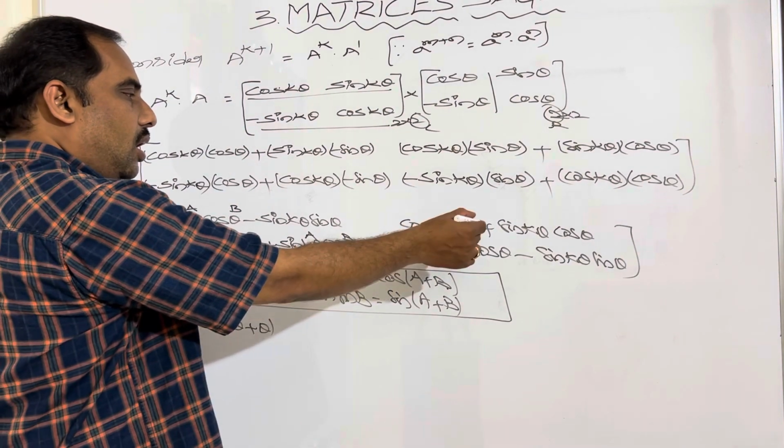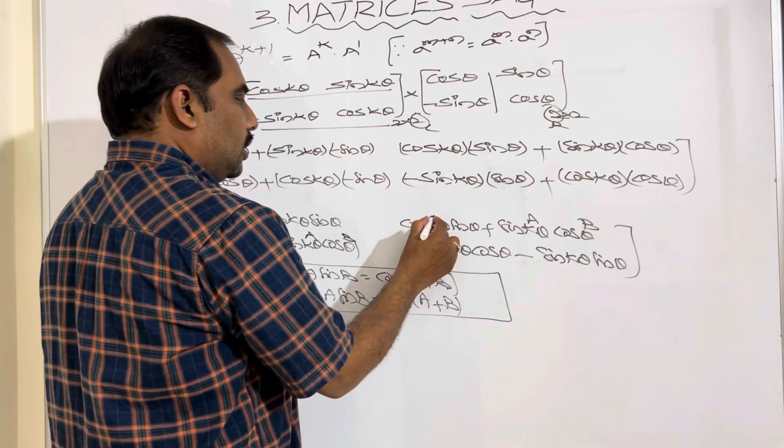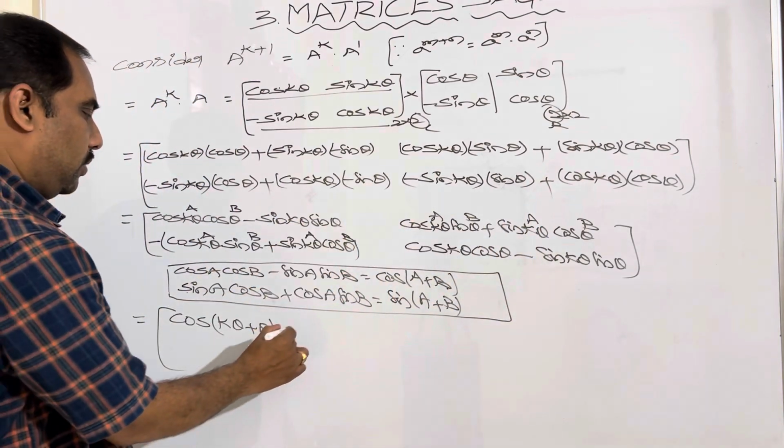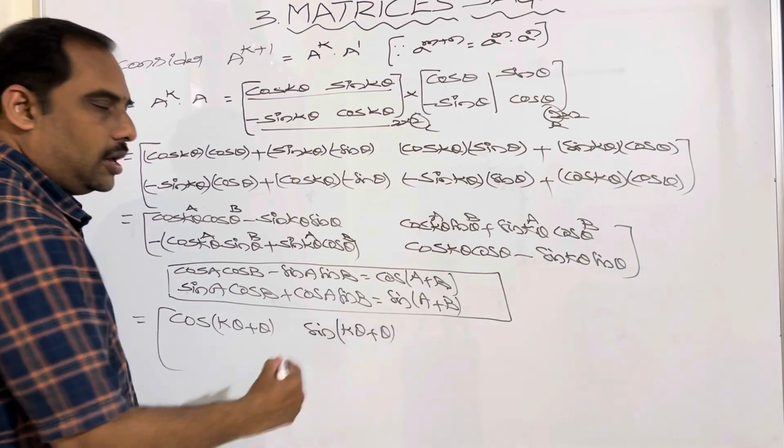And sin A cos B plus cos A sin B gives sin of A plus B, that is k theta plus theta.